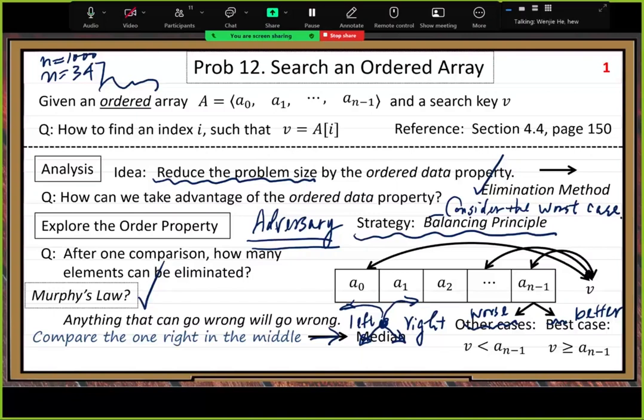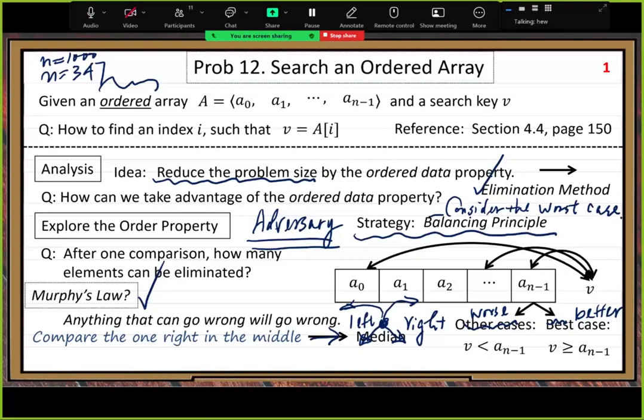So let me say it again. In our algorithm design, we want to find the best algorithm targeting the worst case. That's our goal. So you see this best word and the worst word, but sometimes some students are confused.